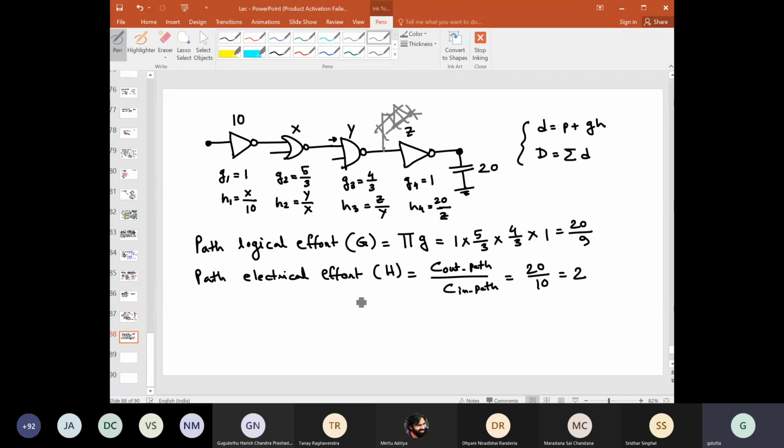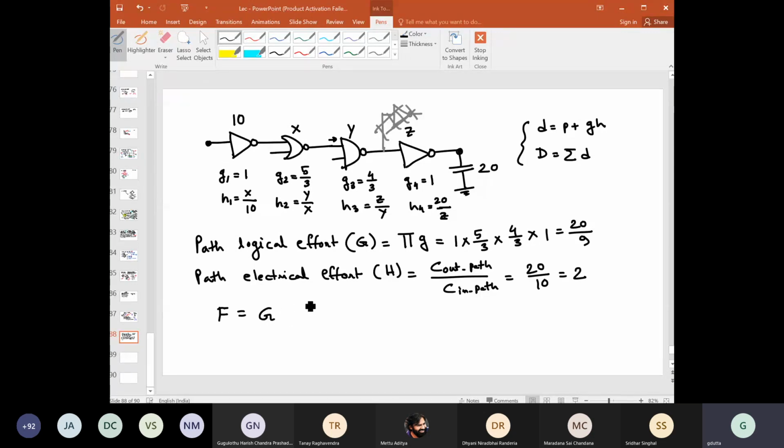As there is no branch in this example, we can write the capital F. I think you remember what small f is: small f is equal to G into H. Similarly, this capital F is for the total complete path.